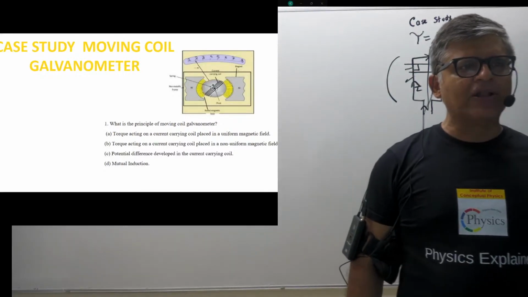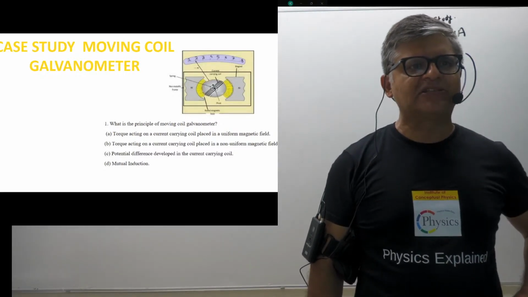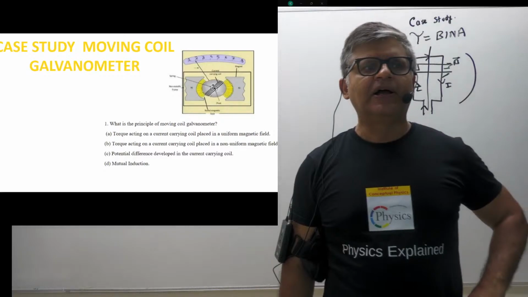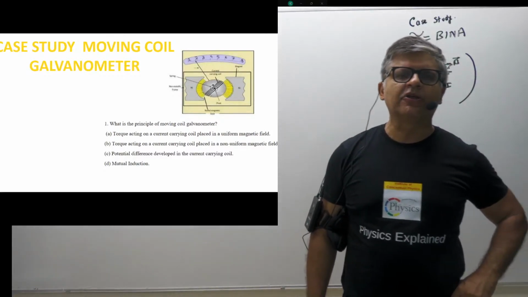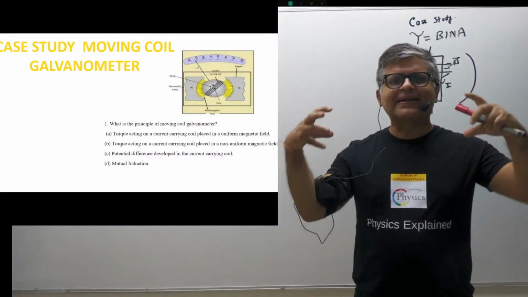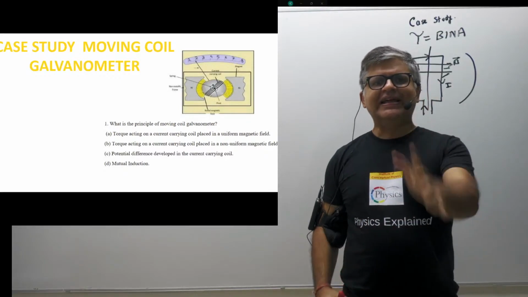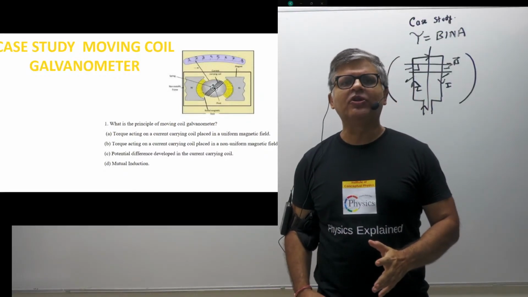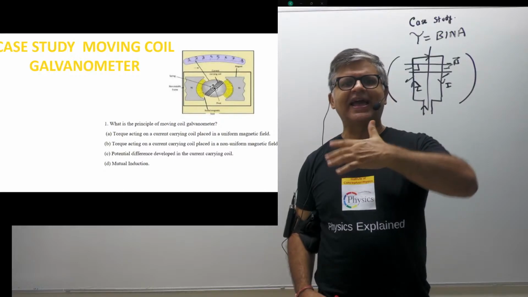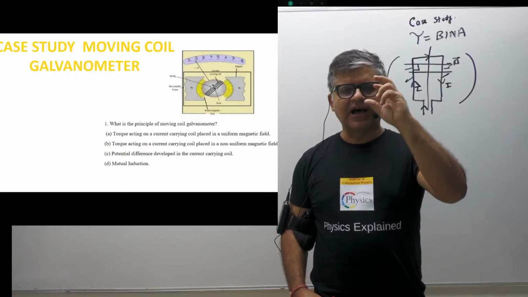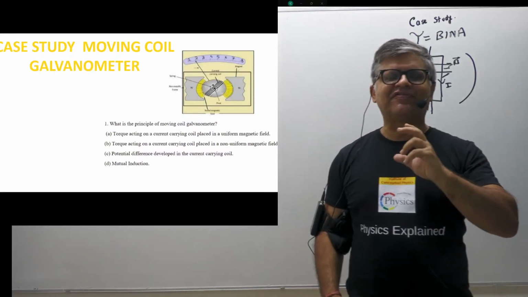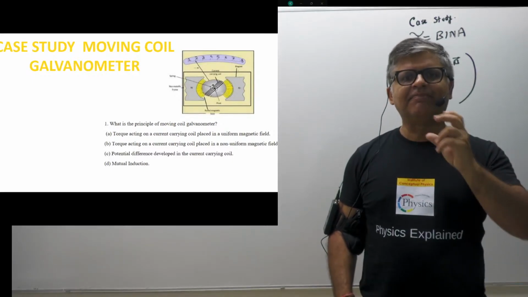Torque acting on a current carrying coil placed in a non-uniform magnetic field. I think in a moving coil galvanometer, you're using the radial magnetic field. The purpose of radial magnetic field is to create uniformity. So if the coil turns in any direction, the same amount of magnetic field is met by the coil.